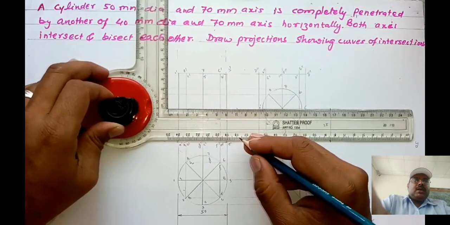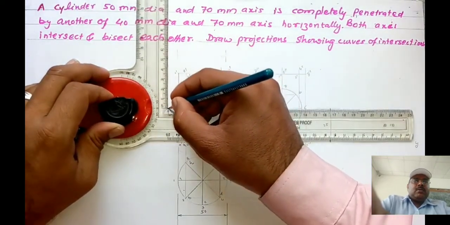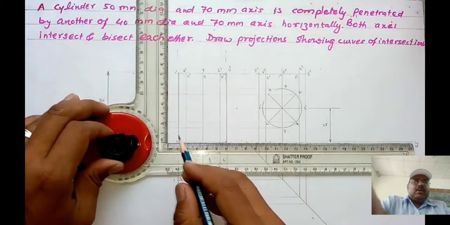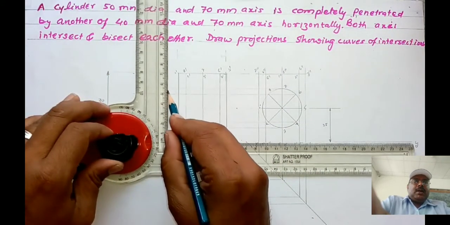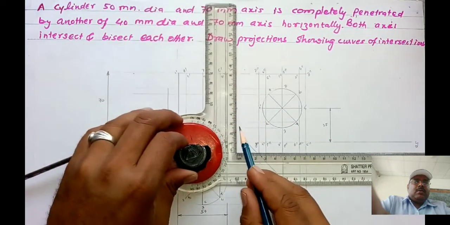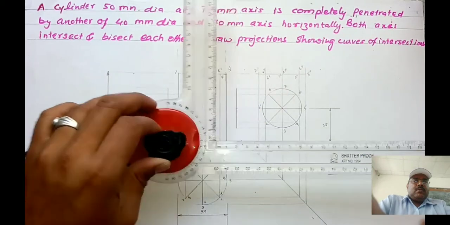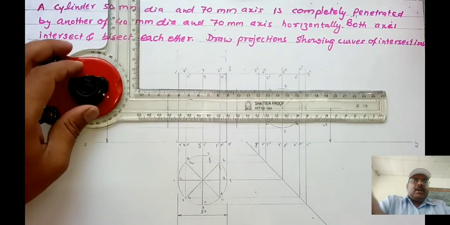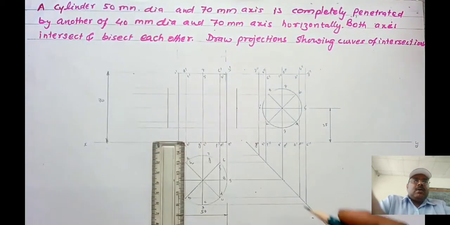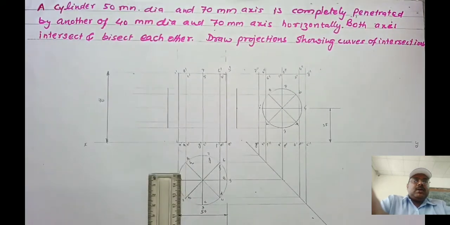Mark on both sides and draw a vertical line and a horizontal line, which is the outer line of the horizontal cylinder.